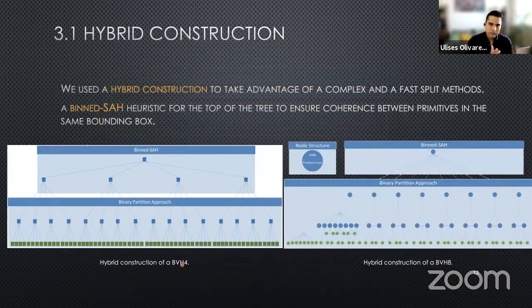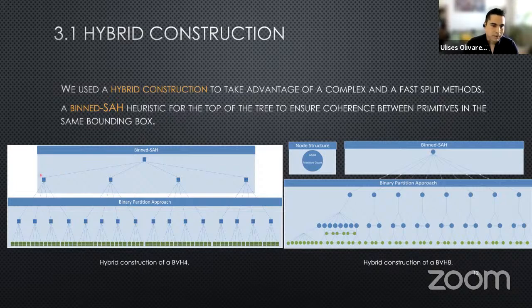So the first thing that we do here is we proposed a hybrid construction. One of the most implemented methods for building acceleration structures is binned SAH, which is a quite interesting metric. It's based on an optimization algorithm that selects the best way to partition an input geometry. So we're using this type of partition only for the first level, and then for the rest of the levels, we're using our binary partitioning approach, which is actually a really quick partitioning approach because we are checking two basic rules that I am going to define in short.